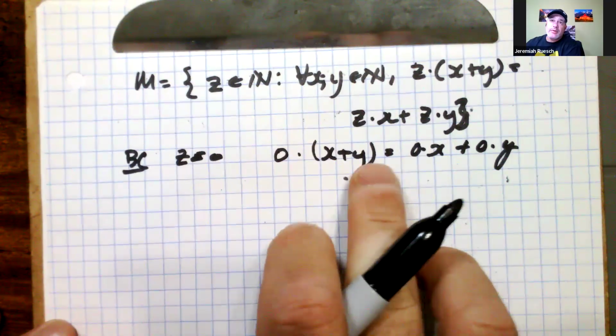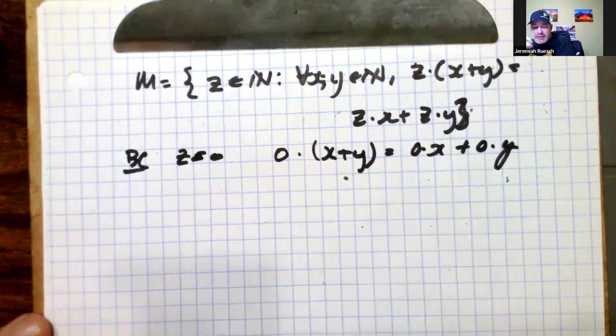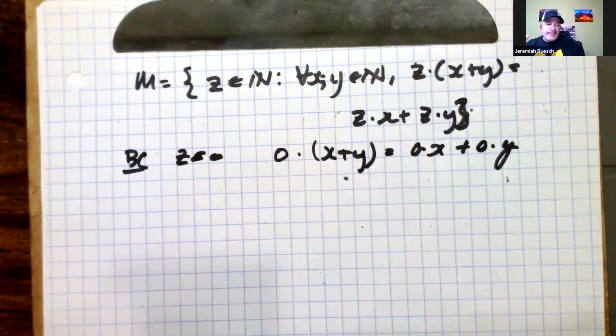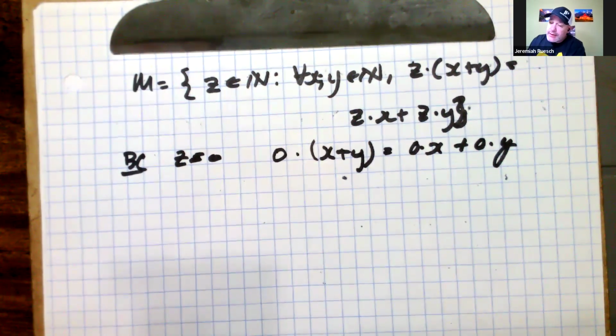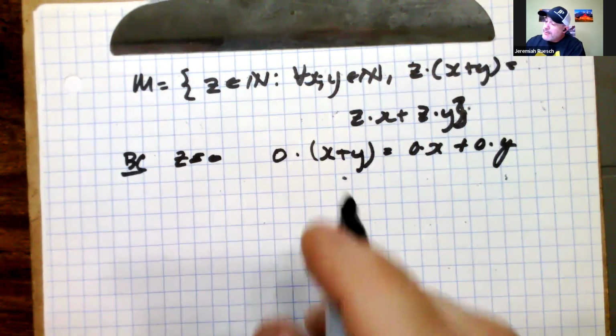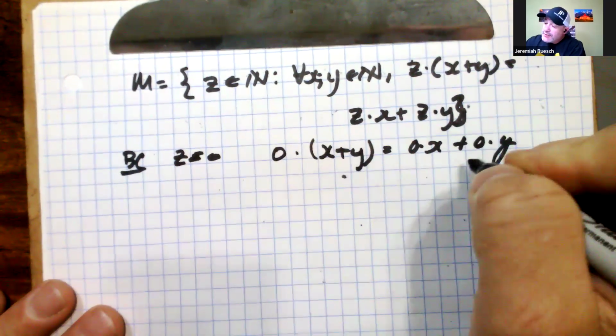In other words, we don't know what this operation is based on our definition, and that's the challenge here, especially with respect to the definition of the operation of multiplication and also addition. And so immediately we run into this challenge.